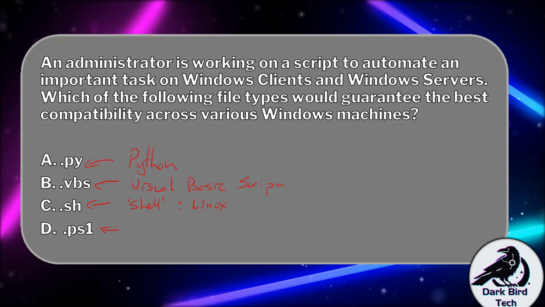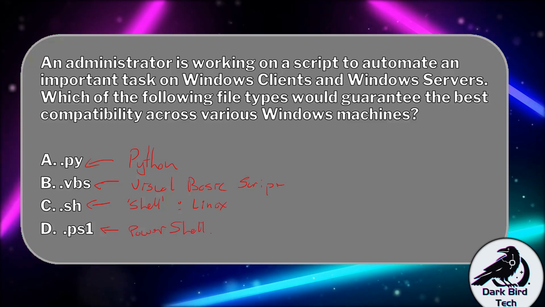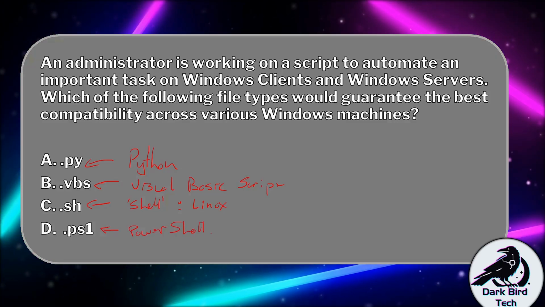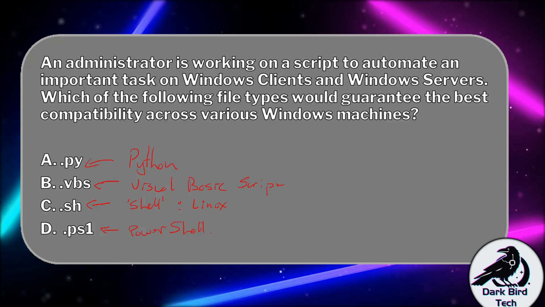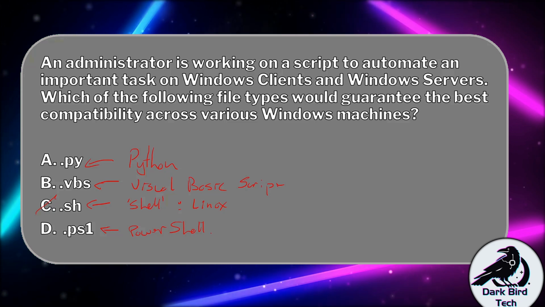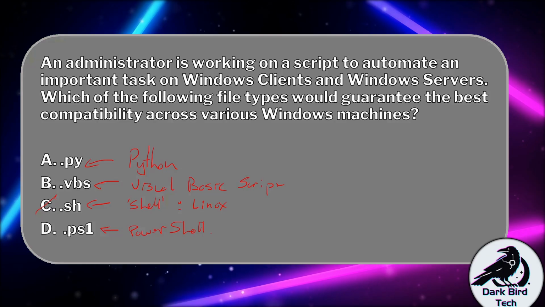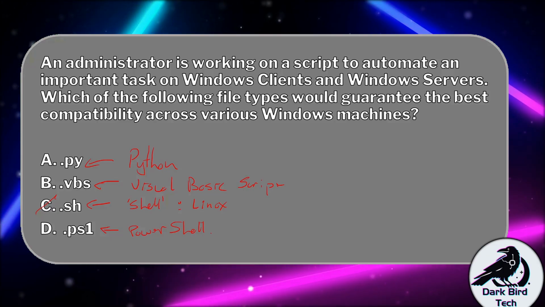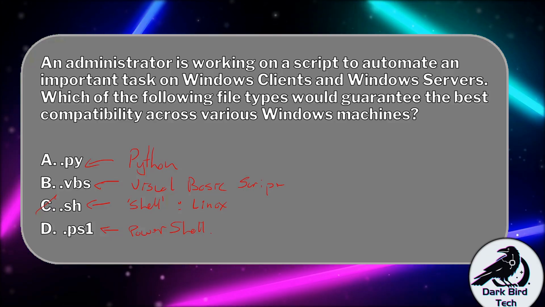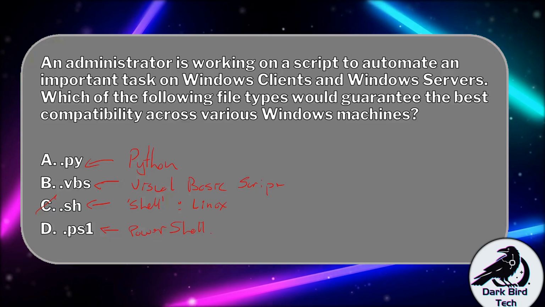And PS1 is for PowerShell. Now, as soon as I mentioned Linux for the .sh option, you're probably thinking, yeah, that's not going to work well given the question is Windows, Windows, Windows. VBS, or Visual Basic Scripting, that can apply to Windows, but Visual Basic Scripting isn't the ideal approach for guaranteeing compatibility across various Windows machines if Visual Basic Scripting has not been enabled.